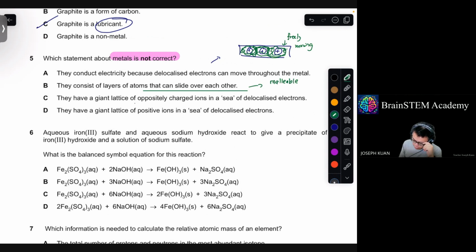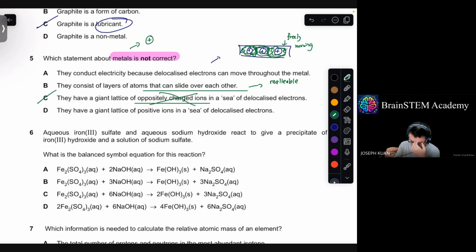Now, this is wrong. Right? Metals are positive cations. Okay, there are no negative ions, or should I say anions, present in the metallic structure. So C is wrong. That's the answer that we want. So the answer for number 5 is C.